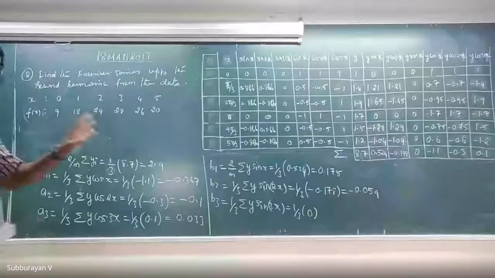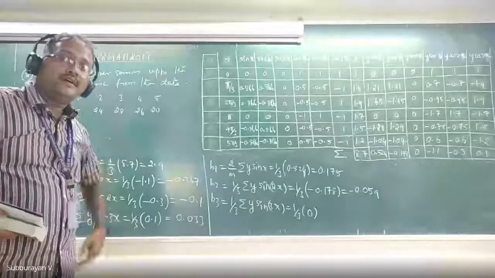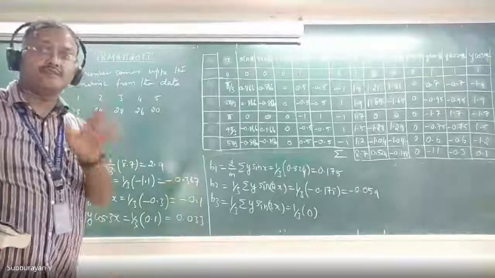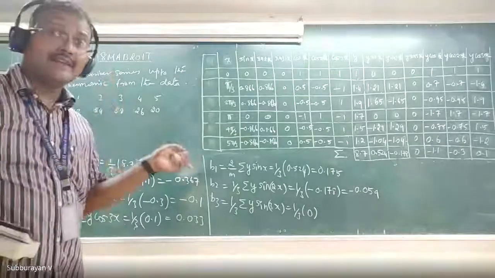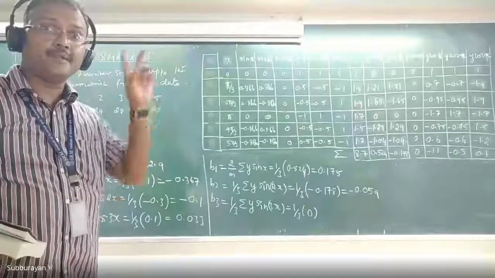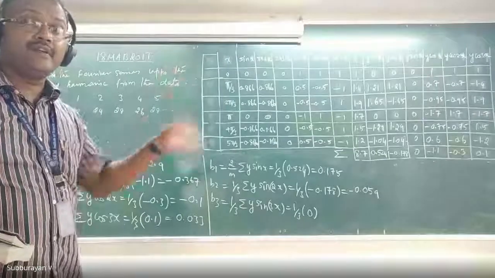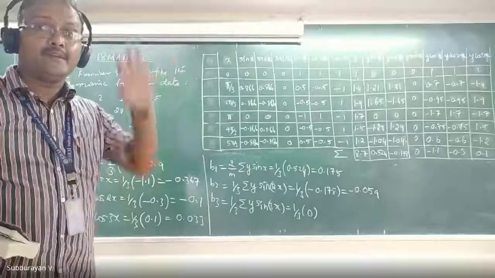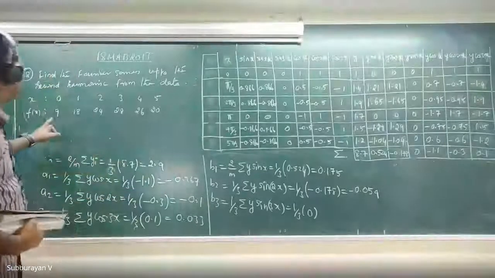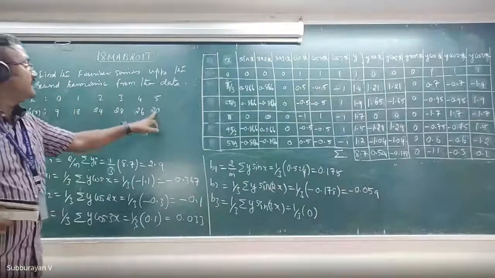As I told you, we are going to express the given data into the Fourier series expansion. Therefore the function should be a periodic function. Now compare the last value and the first value. If they are same, leave it. Otherwise, we have to include one more data point in order to make the data periodic. Look at the data: at x equal to 0 it is 9, whereas the last value is 20.